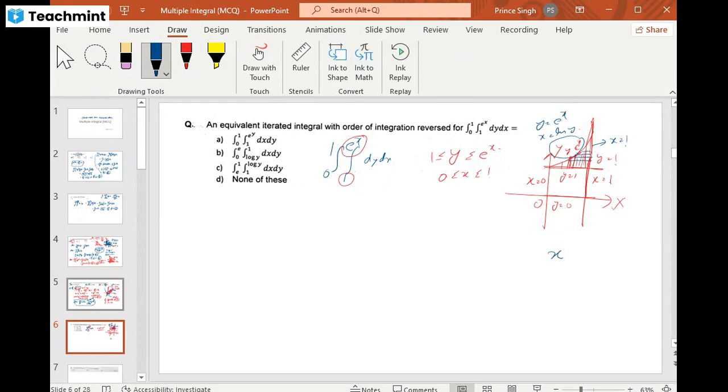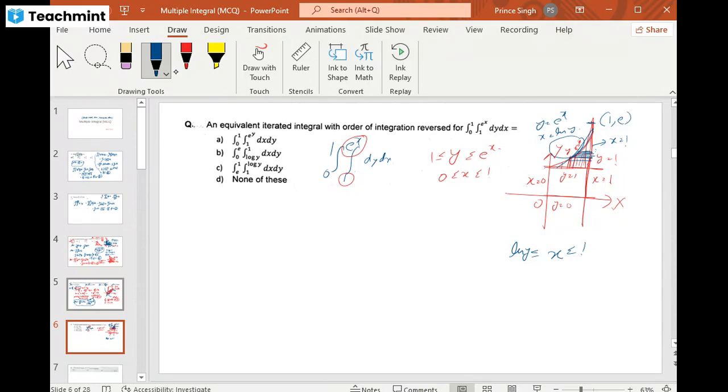X moves from curve to line, because when I move horizontally, the value of x starts from the curve and ends at this line. The value of x starts from log of y and ends at 1. The point of intersection of the two curves, the curve e power x and the line x equal to 1, is 1 comma e.